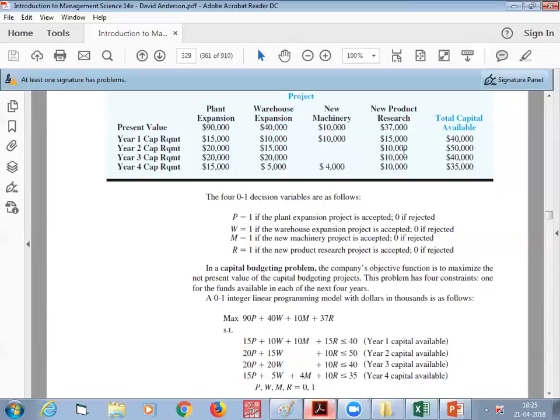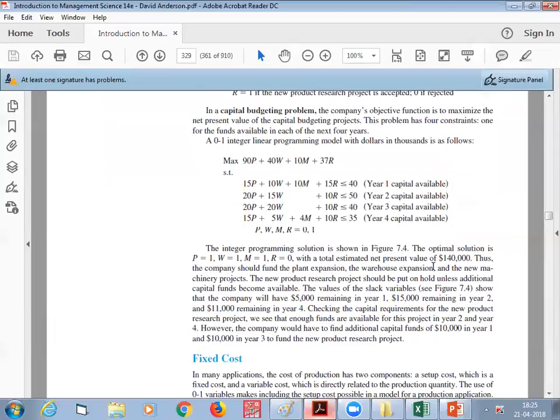This new product research, though it gives good returns, unfortunately, is too costly for us. The capital requirements are much more here than there. Unfortunately, nothing else is available.